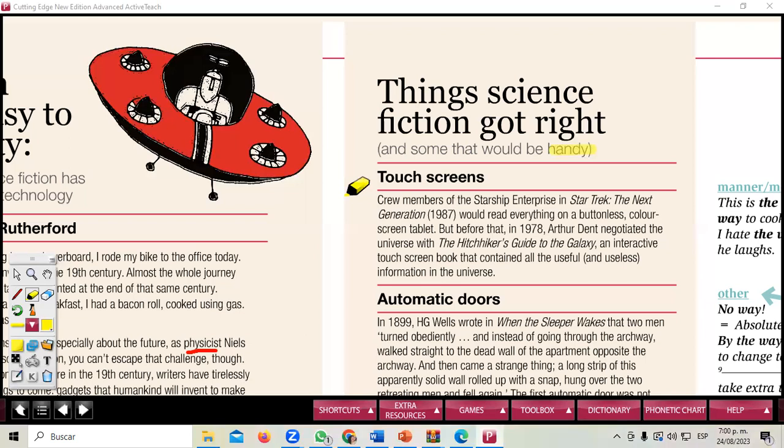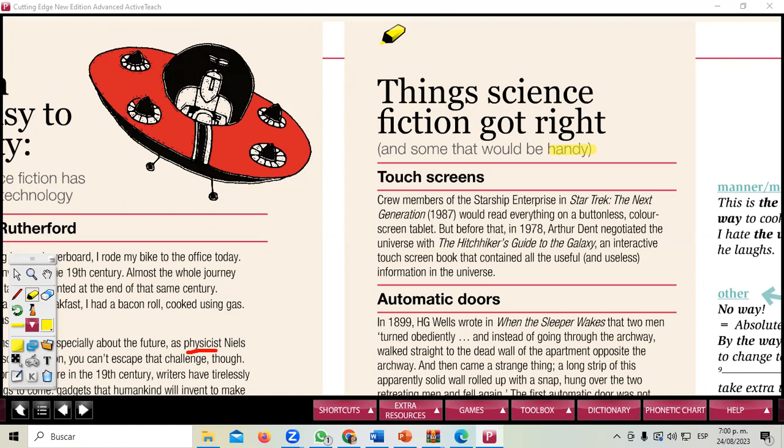Continue reading. Gerson, please, touch screens. Touch screens. Group members of the Starship Enterprise in Star Trek: The Next Generation, 1987, would read everything on a buttonless color screen tablet.